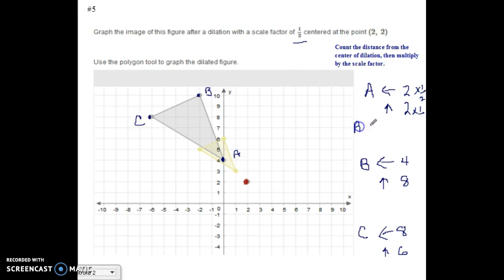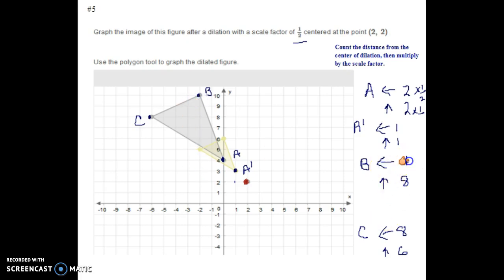So for A prime, from my center of dilation, I'm going to go to the left 1 unit and up 1 unit. So left 1, up 1, here is my A prime. B, if I look at B, I have to go over 1, 2, 3, 4 units, and then up all the way to 10. That's up 8 units.